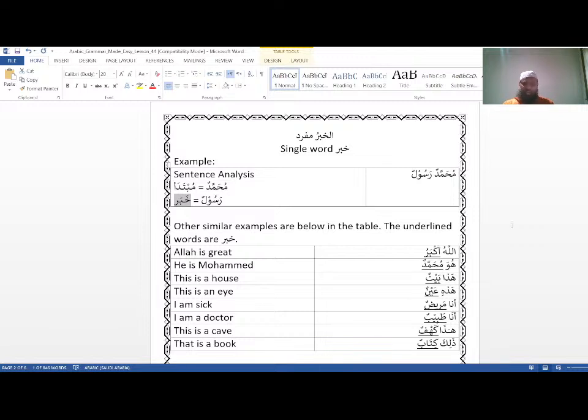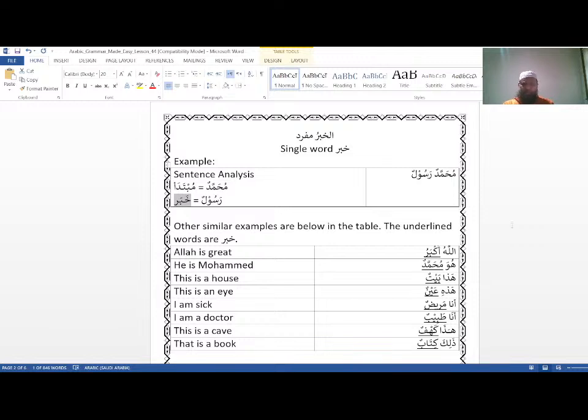When you have no choice to bring khabar as nakira, you have to bring ma'rifah. That's simple enough. So we want to say his name, and his name is a proper noun, that is definite. We cannot make it nakira, can we? No. So this is the only simple rule to bring khabar as ma'rifah. Huwa Muhammadun, he is Muhammad.